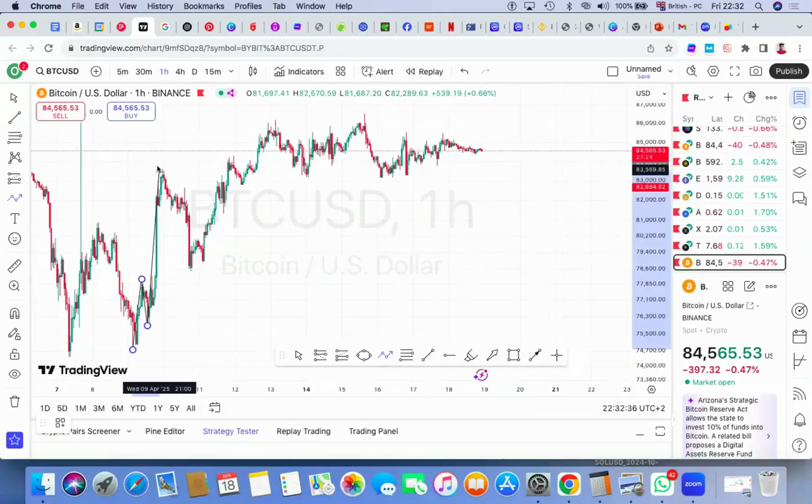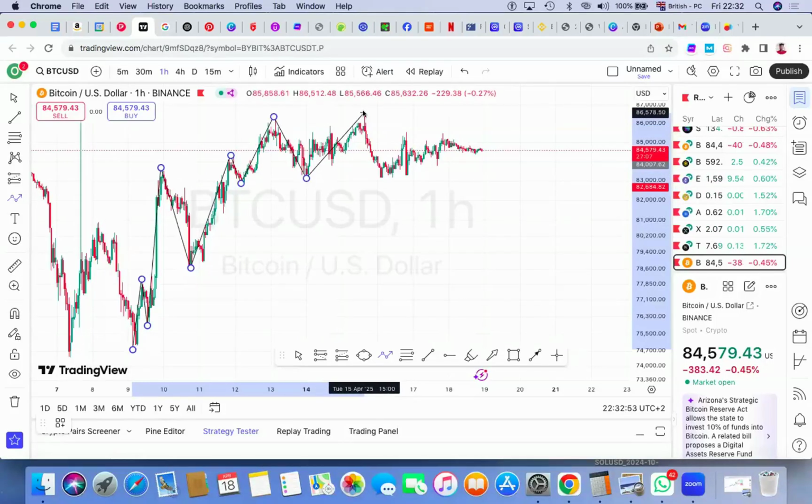And then there's this up move, a retracement, an up move, breaking this previous high. Then there is a little bit of retracement, and then another up move, and then we have this, and this, and this, up to this area here.